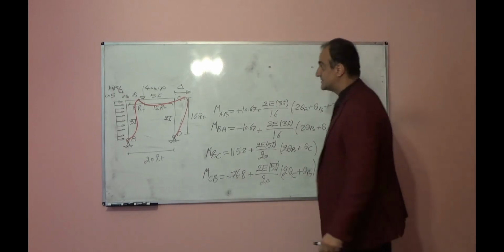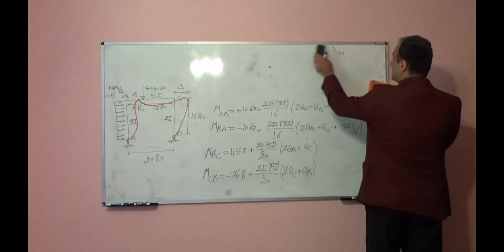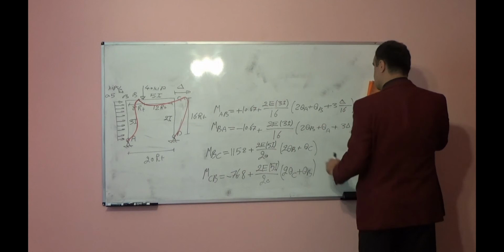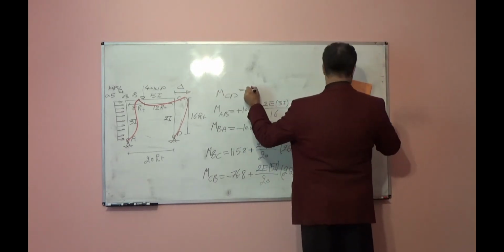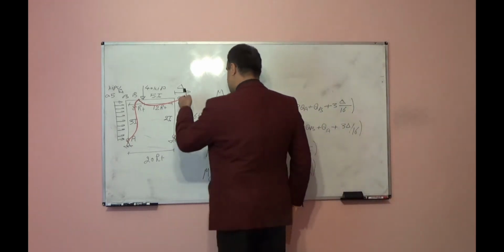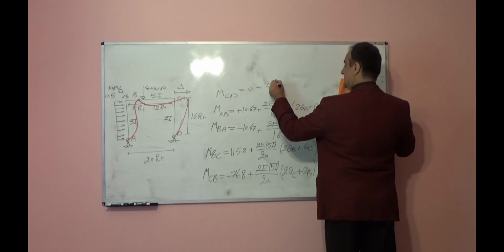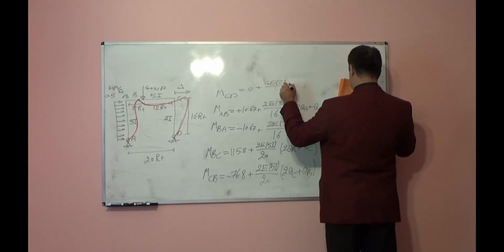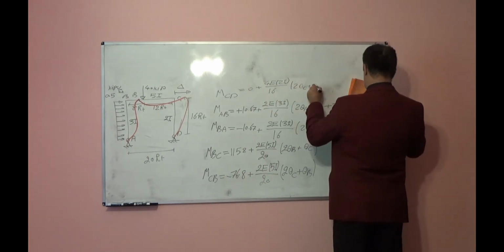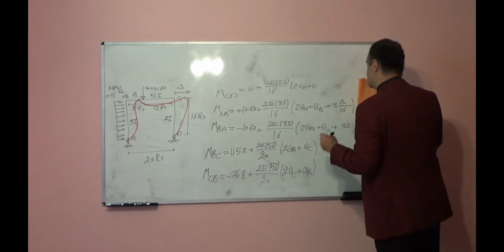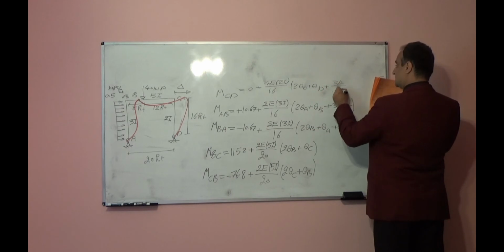So for this column, I will have that sway term. M CD will be, because here we don't have external load, M fixed is 0 plus 4E times I for that, it is 2I, L 16, 2 theta C plus theta D plus 3 delta over 16.